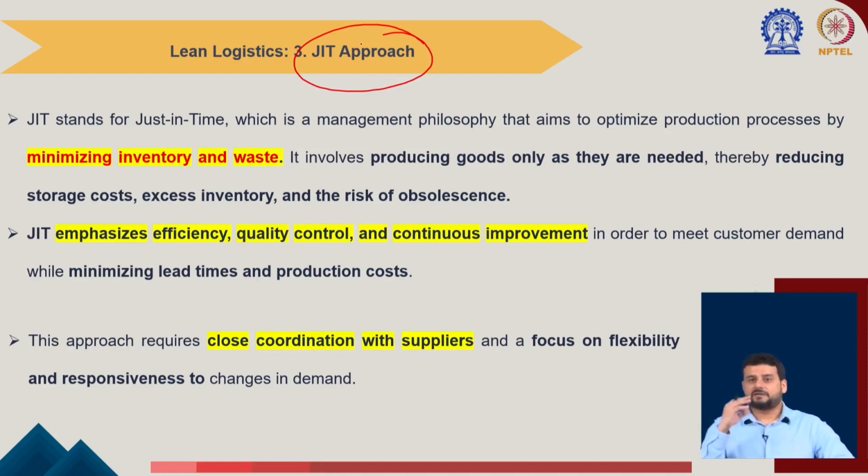If we are able to implement this, it will not only eliminate the waste in the inventory, it will also improve the quality. Why will quality improve? Because when you are keeping the inventory in your warehouse, handling is involved: you are transporting from here to there, keeping it again at another location, and then maybe on the 100th day you are sending it to the production line, right?